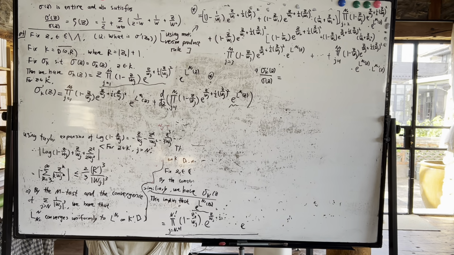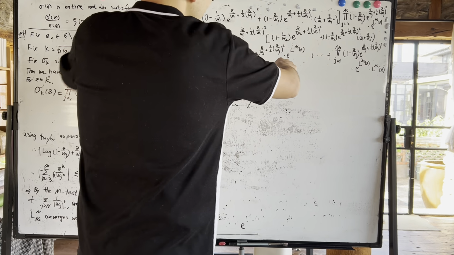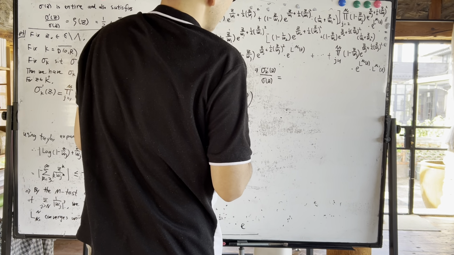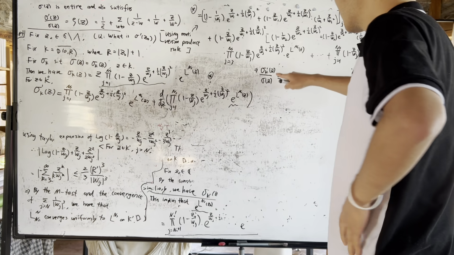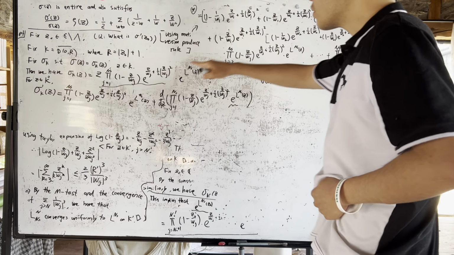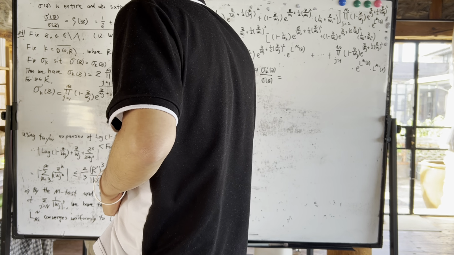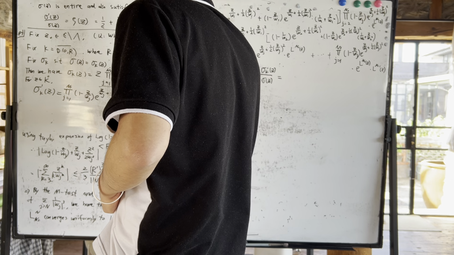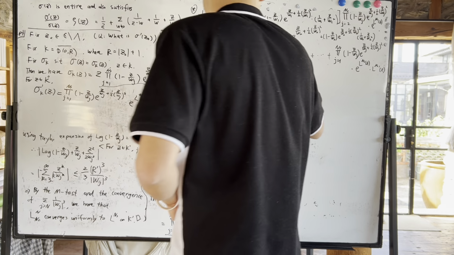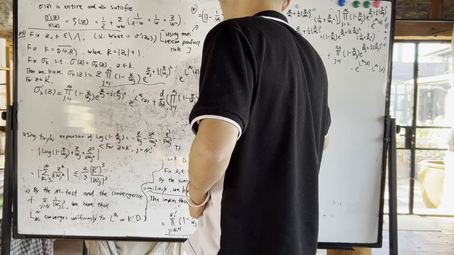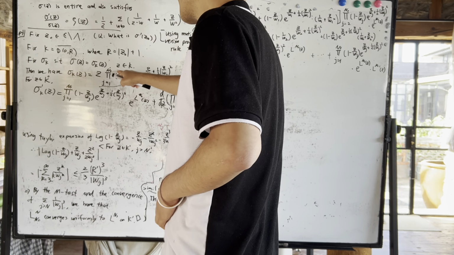So for this sigma k prime z, sigma z is basically equal to sigma k z for this z in k, right?